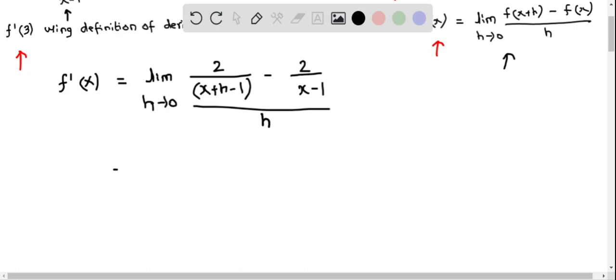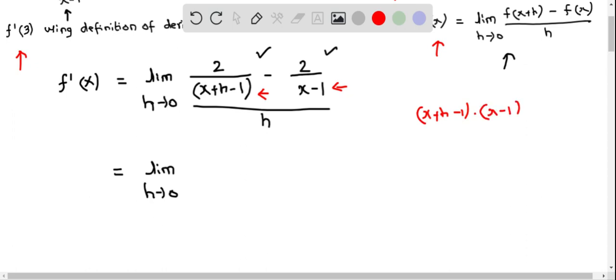So this is what we have to write in the first step. Now we have to simplify the numerator. It's a kind of complex fraction. We have two parts with rational functions, so let's simplify them first. I write down the limit as h approaches 0. Notice that the least common denominator of these fractions is the product of the two terms, that is x plus h minus 1 is one term, and another term is x minus 1.